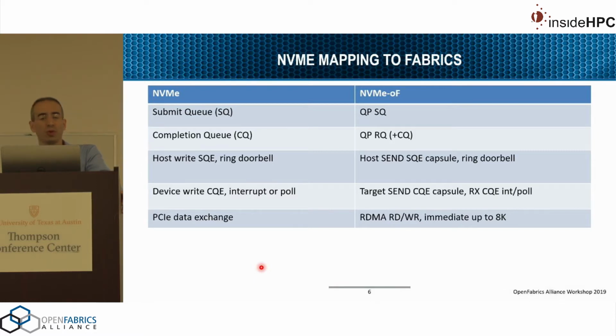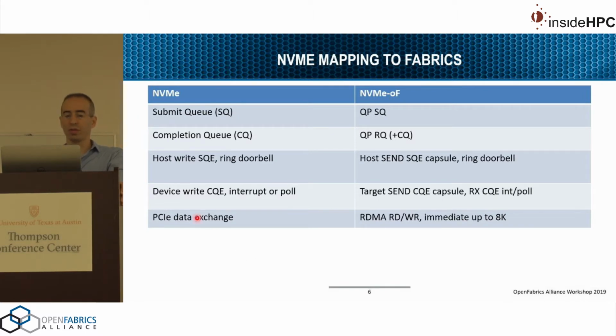The standard came with a very nice mapping between the NVMe objects and the Fabric objects. A submission queue is mapped very nicely to a queue pair, a send queue. The completion queue of the NVMe is mapped very nicely to the queue pair receive queue plus completion queue.